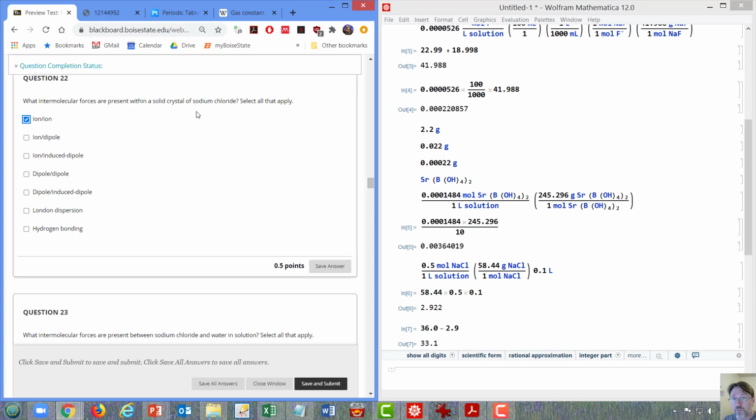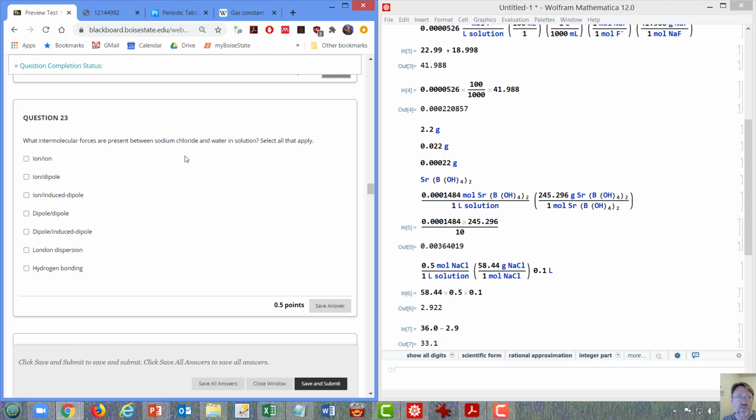It is not a dipole because it's just a positive ion and a negative ion, and there are no bonds, so you can't have dipoles. You can have an induced dipole because there are electrons that can be polarized by the ions. We do have London dispersion interactions. There's no hydrogen, so you can't have hydrogen bonding.